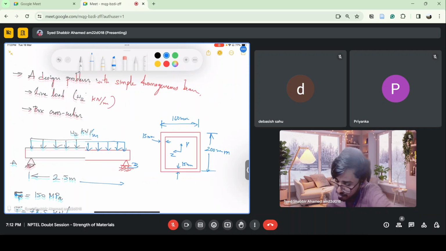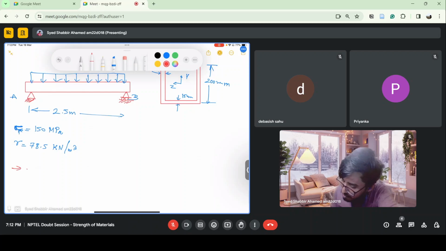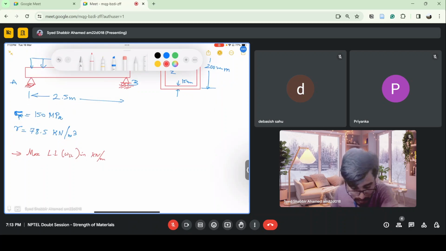Okay. So, what will be the maximum live load that can be applied on the beam? First question is this: maximum live load w_LL in kilonewton per meter such that the beam is safe for this cross section.